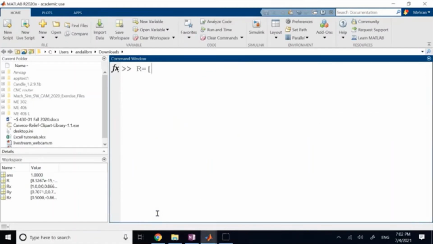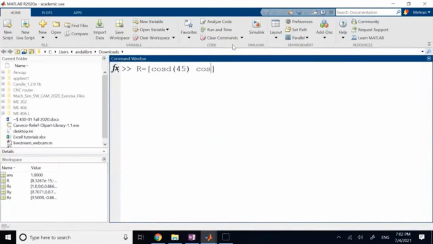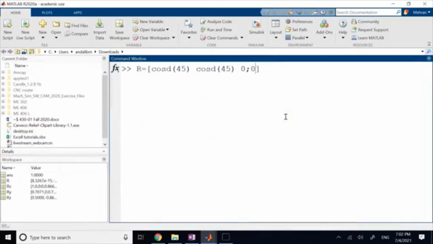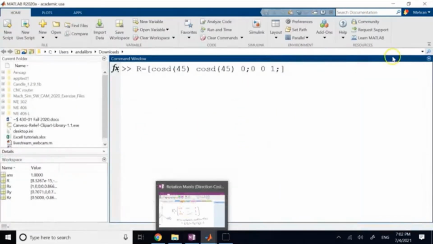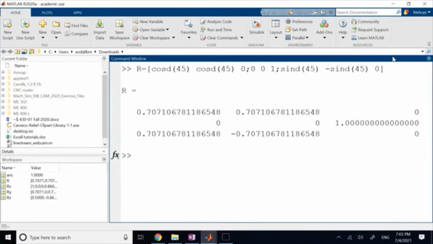So the R matrix is equal to, and here I want angles in degrees, so I would go with cosine D. So I have cosine D of 45, and then another cosine D of 45, and then 0, and then I have 0, 0, 1, and then I have sine, negative sine, 0. Sine, negative sine, and 0. Okay, so that's my matrix.